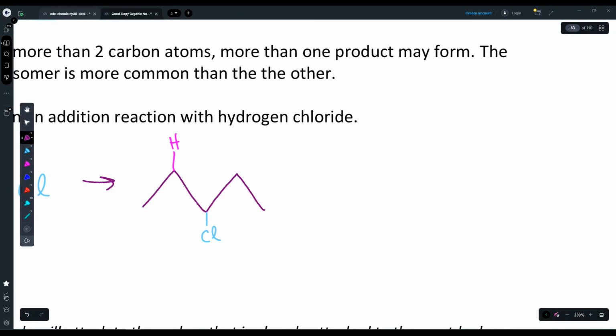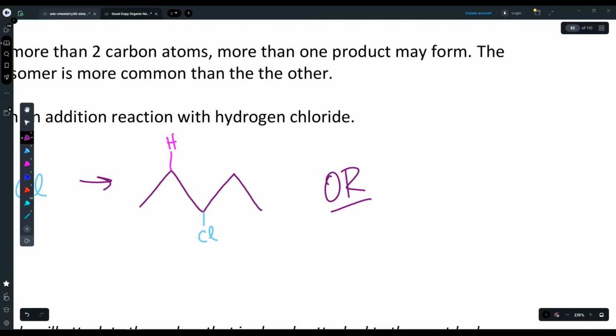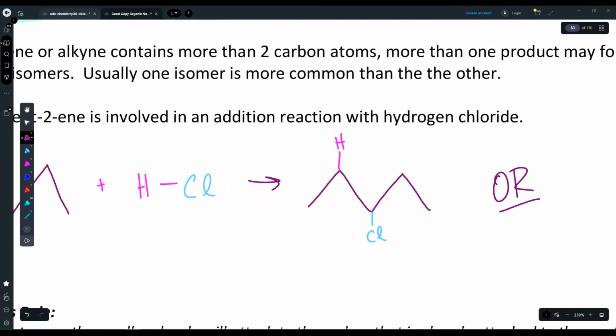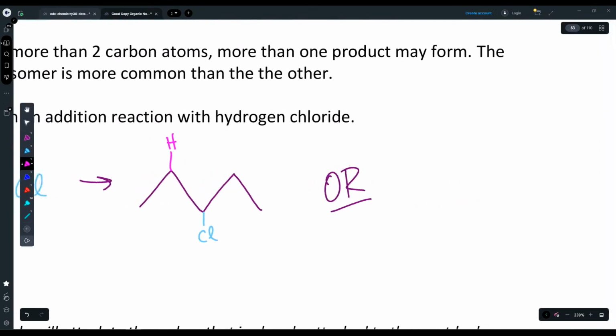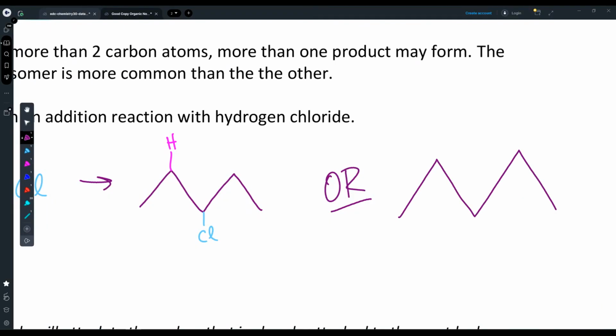Okay? Or an isomer of our product could be if basically if the hydrogen had added to the other side instead. Okay? So 1, 2, 3, 4, 5.